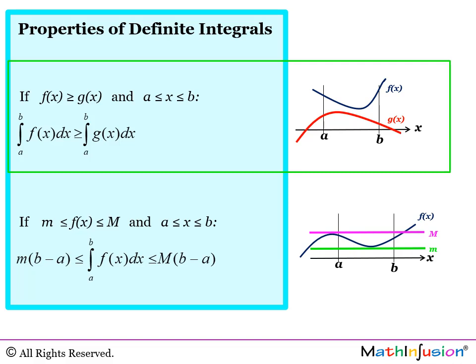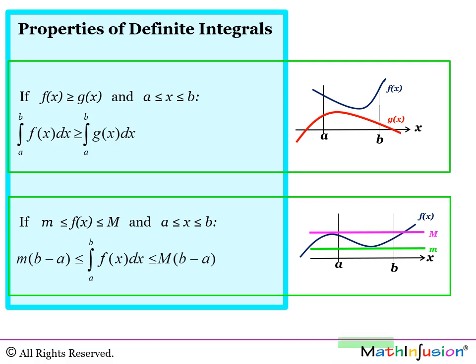You can see pretty quickly that the area of this region, which is just a rectangle with length b minus a and height m, is less than the area of the region enclosed under the graph of f(x) on ab.